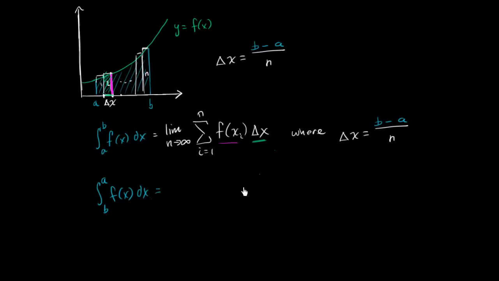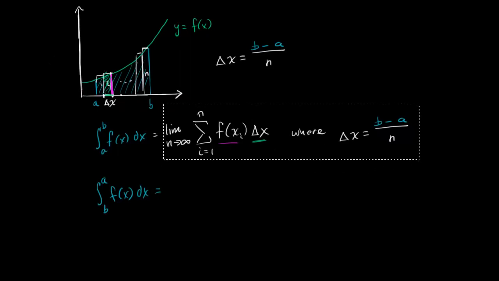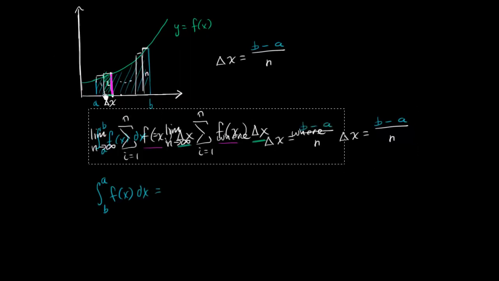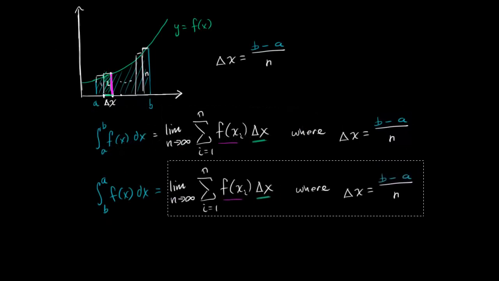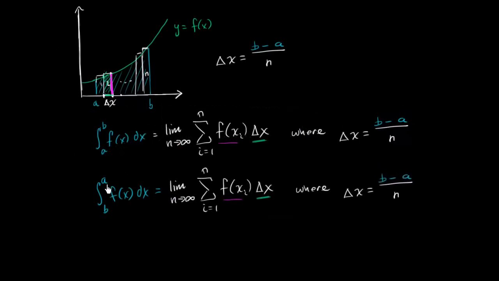Well, let's just think about what's going to happen. If I were to literally just take this and copy and paste it, which is exactly what I'm going to do, by definition, since I swapped these two bounds, I am going to want to swap these two. Instead of b minus a, it's going to be a minus b now.